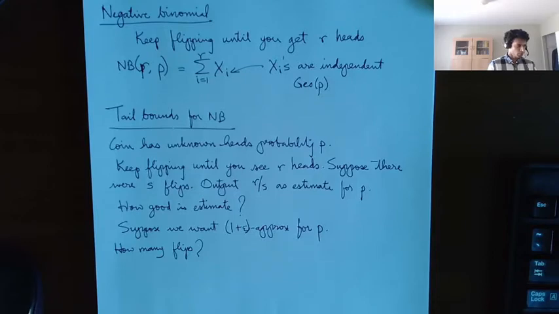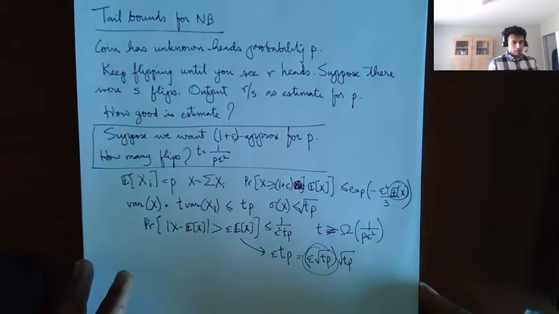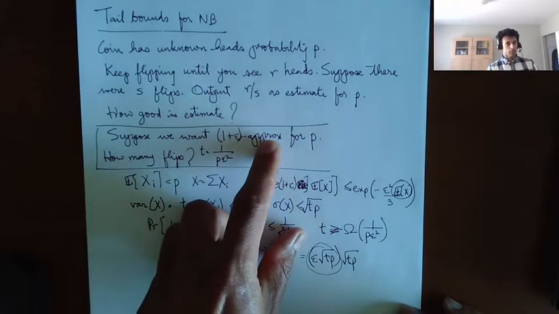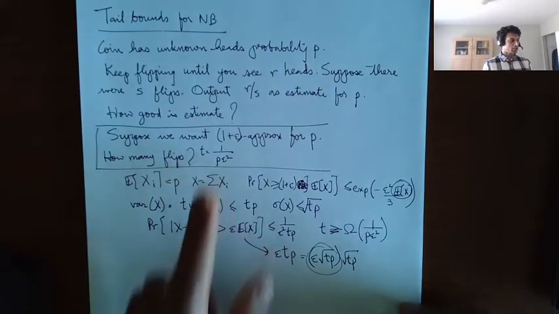Okay, so let's continue. If we want a 1 plus epsilon approximation for p, then the number of flips you need is 1 divided by p epsilon squared.